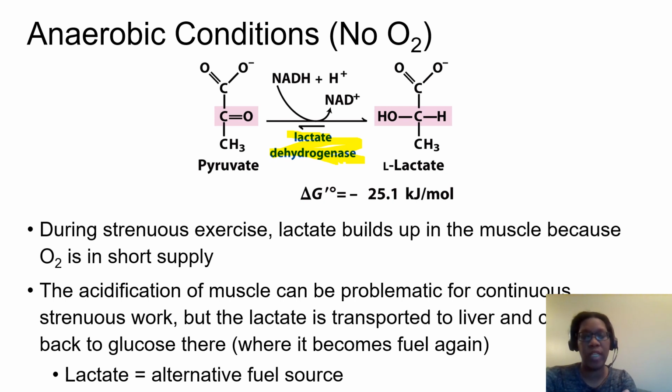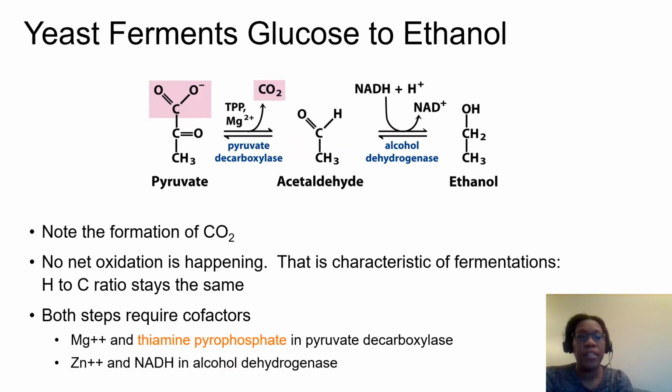So if you convert it back to glucose, you can get energy, 2 molecules of ATP, 2 molecules of NADH from that. It's a very inefficient process, so it can't be used for very long, but lactate can become an alternative fuel source.